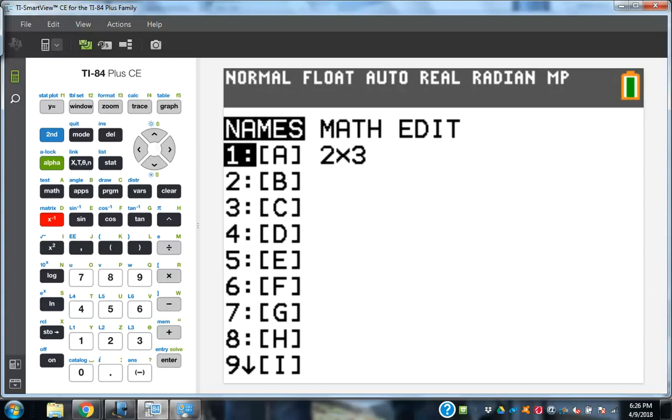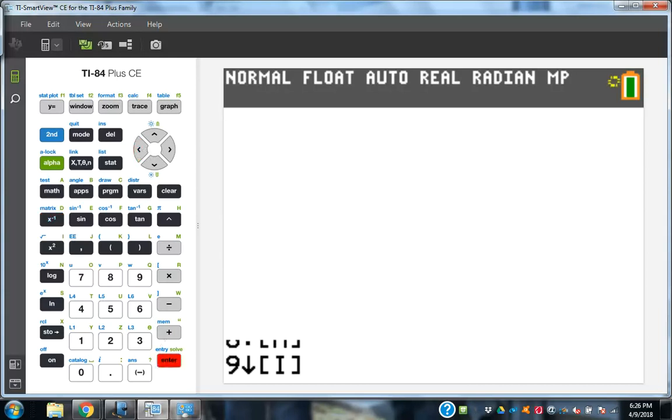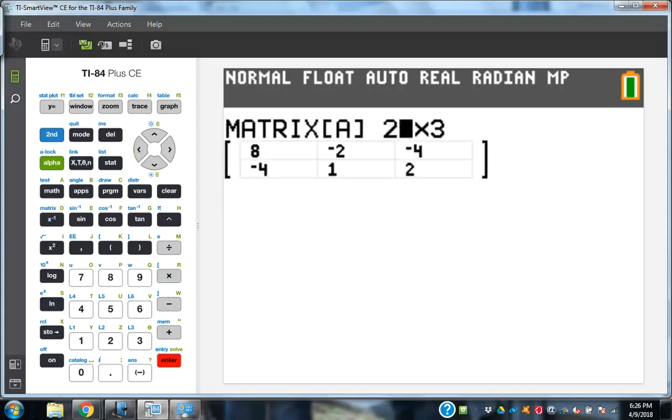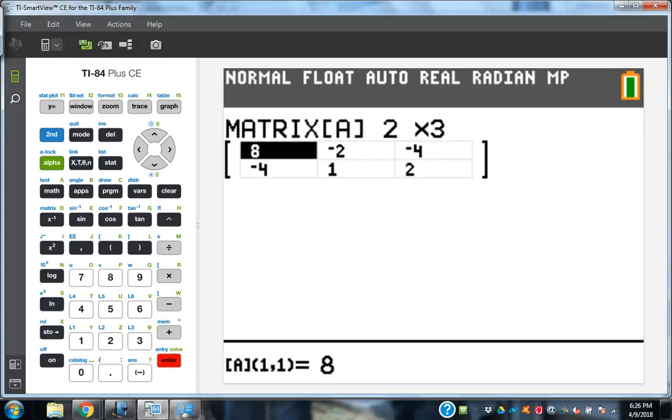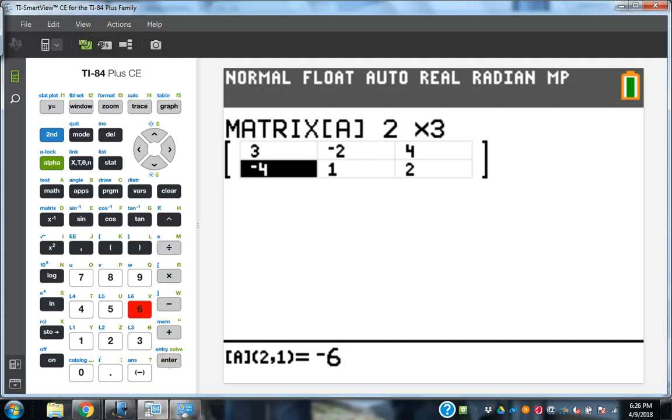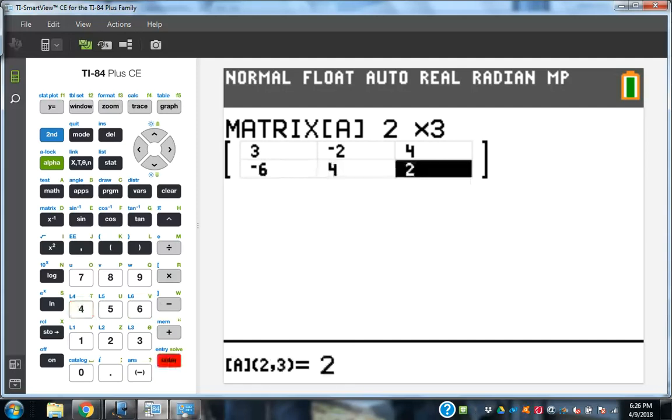Second matrix, edit. 3, negative 2, positive 4, negative 6, positive 4, 7.